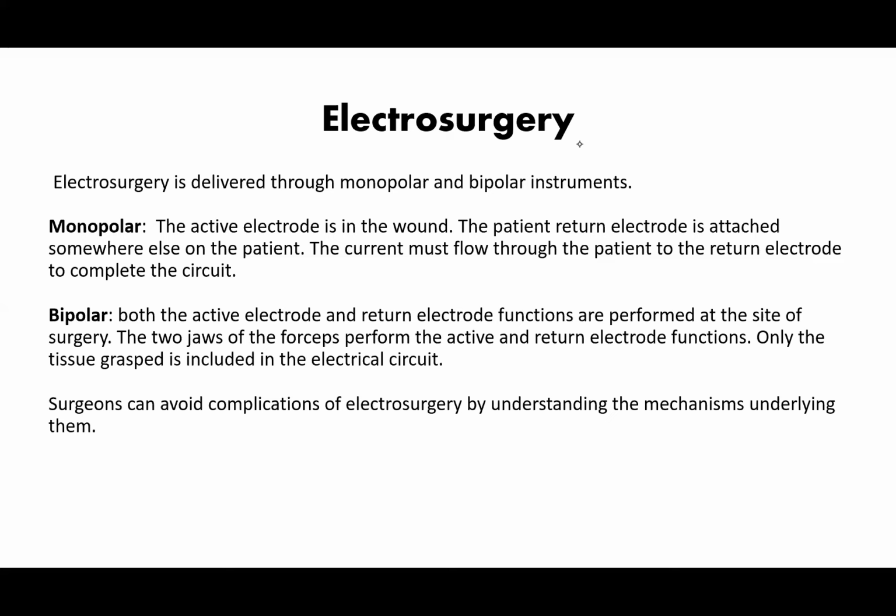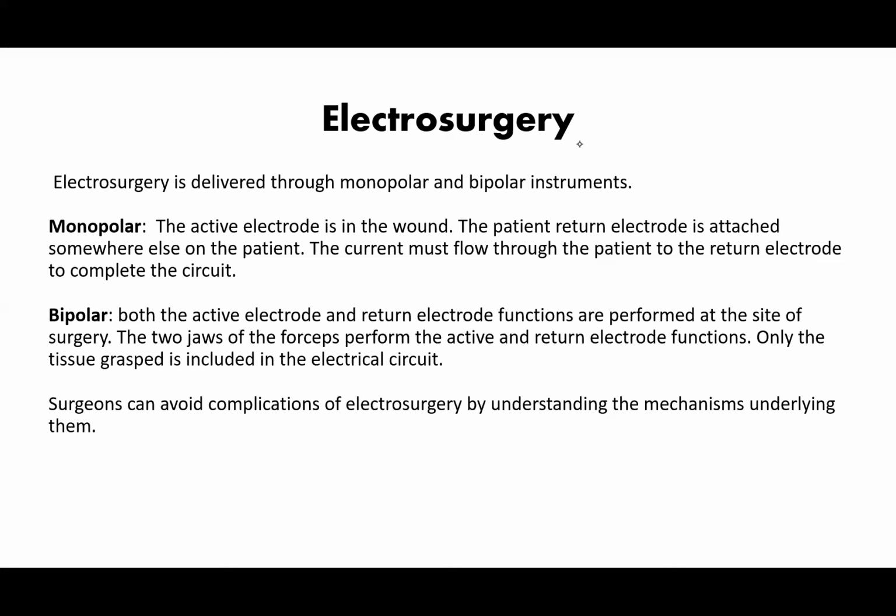It doesn't flow through the patient. You don't need a pad for a bipolar energy source. The two jaws of the forceps perform the active and return electrode functions. Only the tissue grasped is included in the electrical circuit.